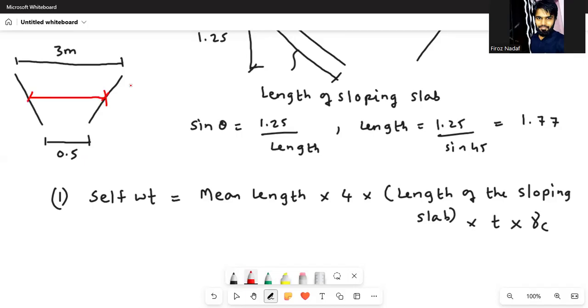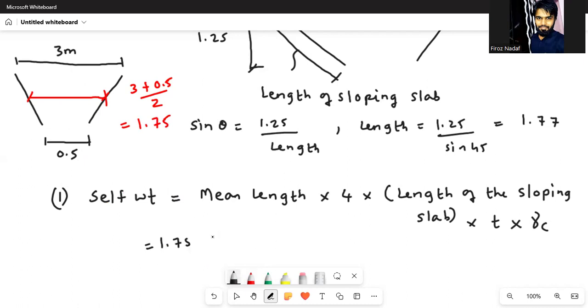How to find the mean length? 3 plus 0.5 divided by 2. This is your mean length, and it is coming as 1.75. So the mean length is 1.75.